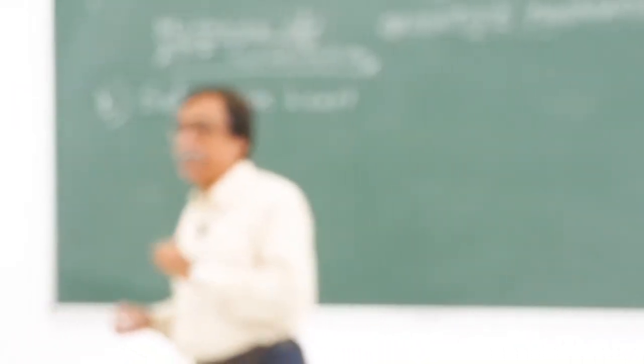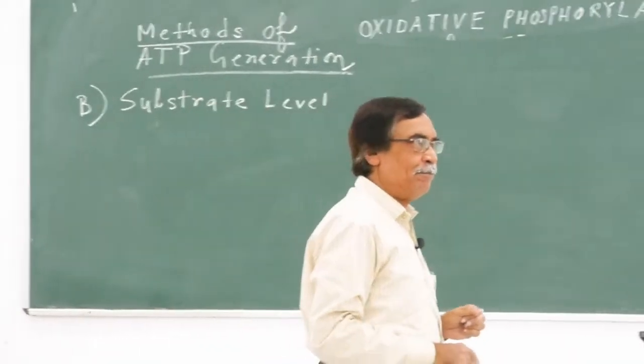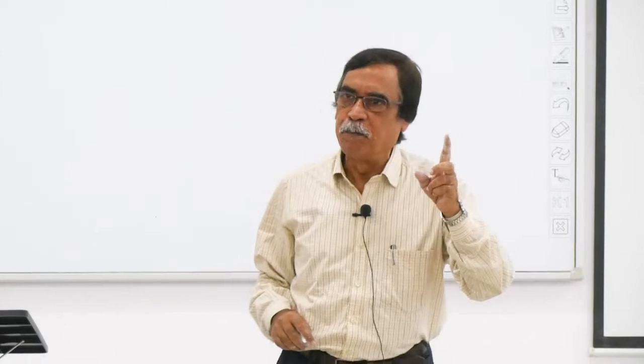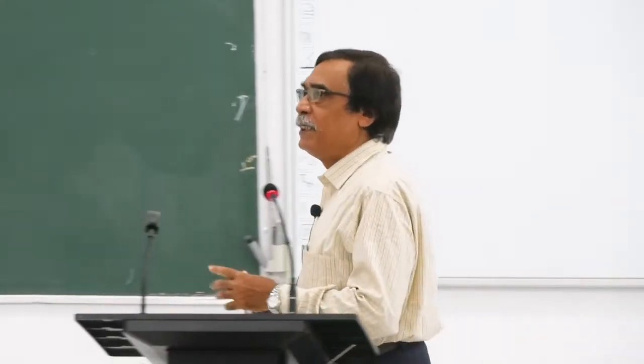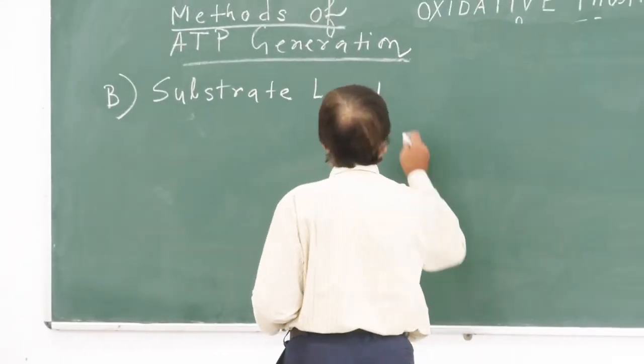RBC, a very important cell, has no mitochondria, but it generates ATP for its survival. How can it get ATP? It gets ATP through substrate level phosphorylation.